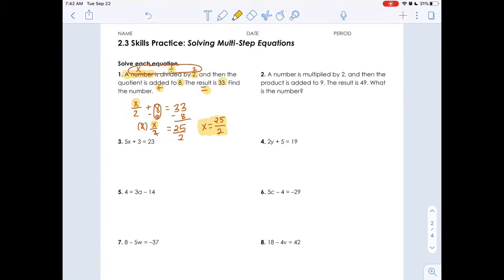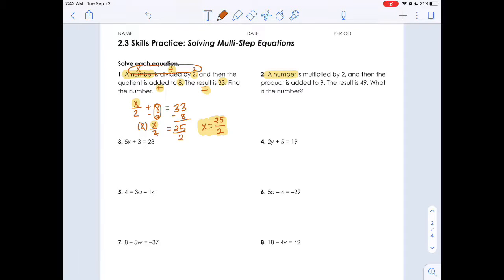All right, number 2, this one you're going to try on your own. A number is multiplied by 2, and then the product is added to 9. The result is 49. What is the number? So to start this one, it's saying a number, that's our variable, is being multiplied by 2.